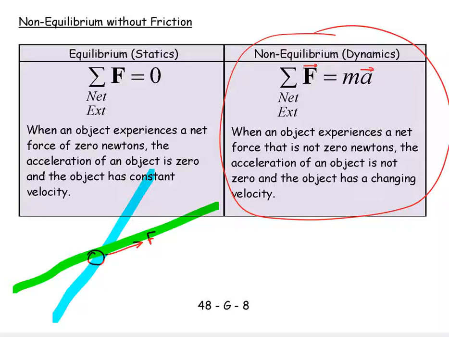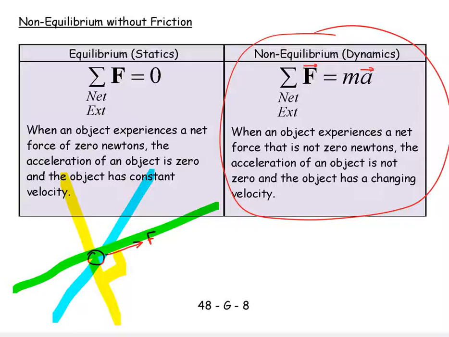It's not very easy. The best thing to do is to stick with a line which is perpendicular to the net force, and there we can say the sum of the forces equals ma along the green line, and the sum of the forces equals 0 along the yellow line.